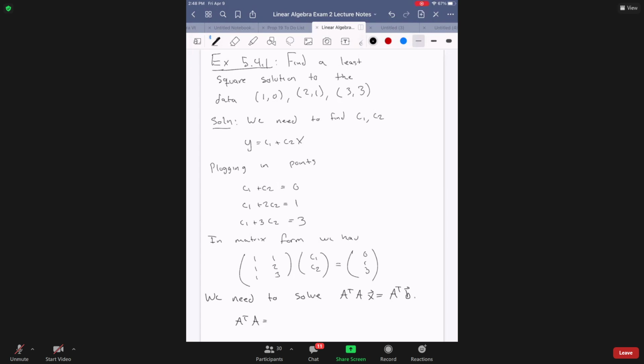If you take 1, 1, 2, 3 times 1, 1, 1, 1, 2, 3, this gives me the matrix 3, 6, 6, 14. Take A transpose B, which is 1, 1, 1, 1, 2, 3 times 0, 1, 3, equal to 4, 11.